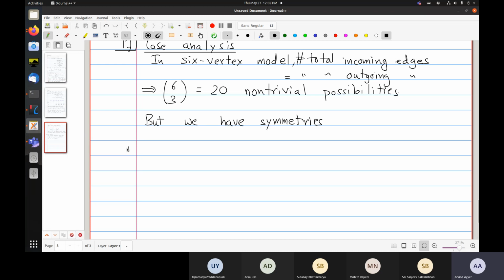Okay, so the first one is rotation of the entire figure, both left hand side and right hand side, by 180 degrees.